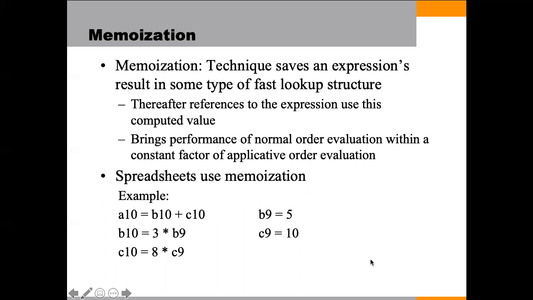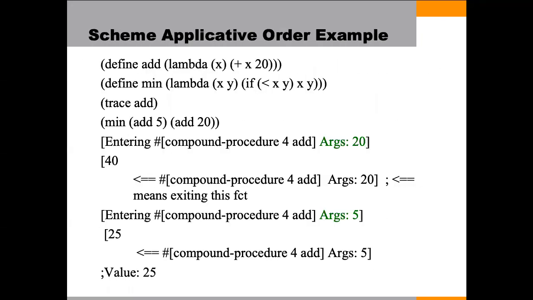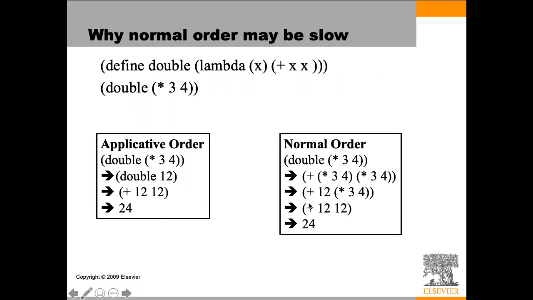So coming back to this example right here, memoization would actually, the first time it evaluated this argument times 3, 4, save it rather than doing an actual macro substitution. So it would memorize the result of times 3, 4, and the second time I needed it, it would simply return 12.